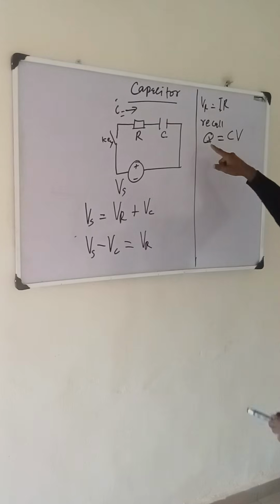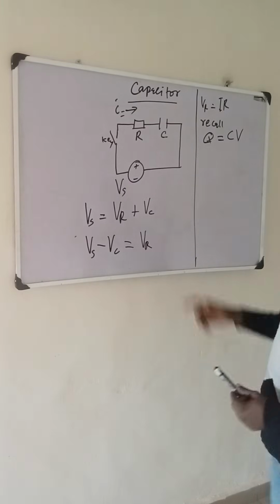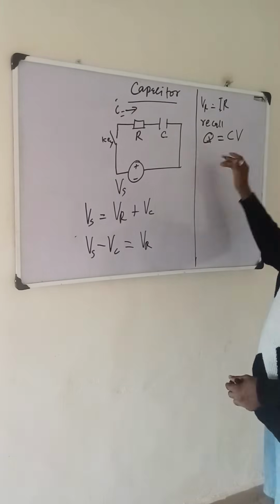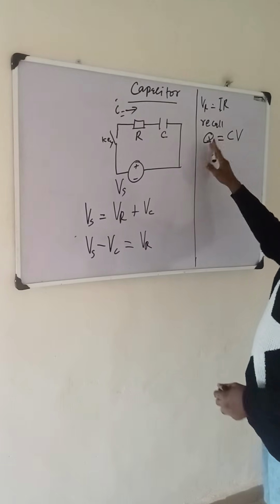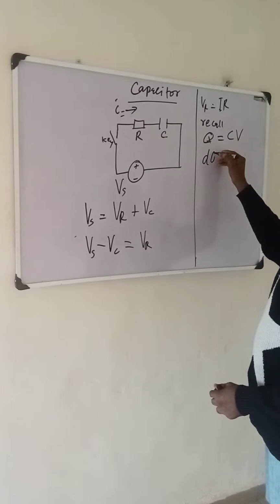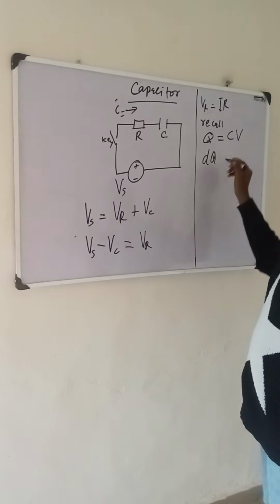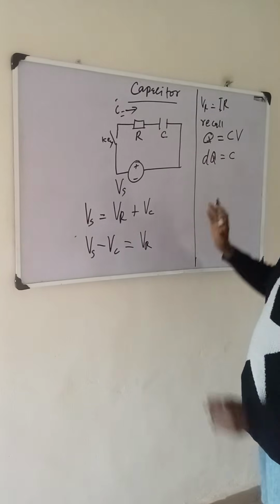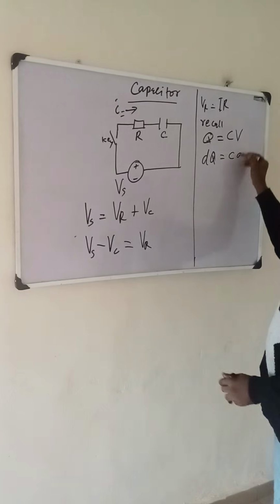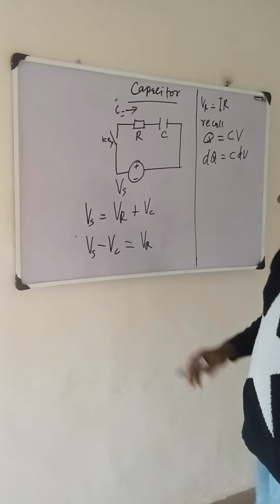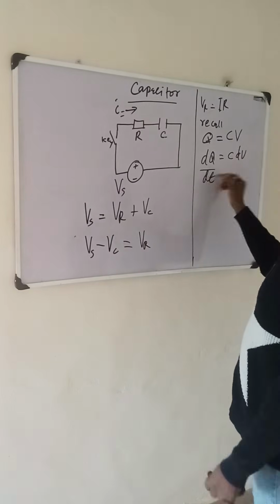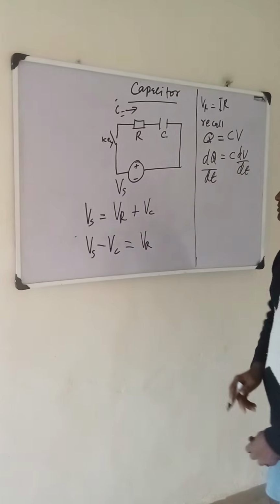If this is true, we realize that if we take the derivative of these two quantities, because the capacitance is constant, the one that will be changing is this. So they will be changing with time.